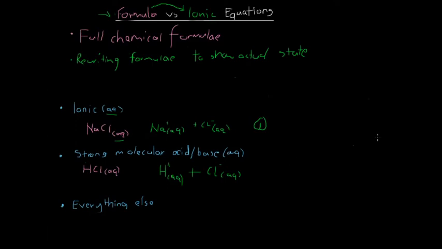These are the two changes we have to make going from a formula to an ionic equation. We look for an ionic aqueous compound and rewrite it as its separate ions, and we look for any strong molecular acids or bases and rewrite them as they actually are. So we rewrite hydrochloric acid as a proton and a chloride ion, whereas everything else we leave unchanged.